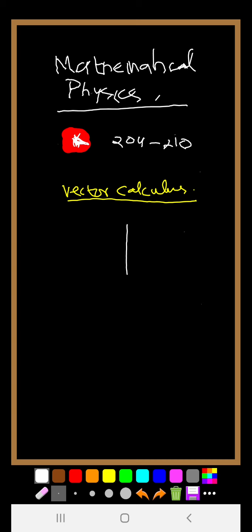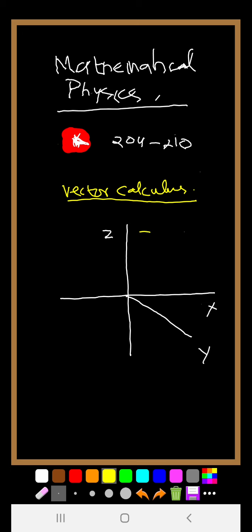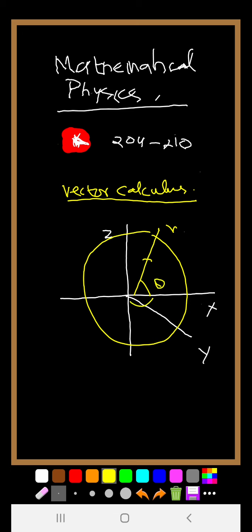So in a spherical coordinate system, if you want to create it from the xyz system, you need to create a sphere. To create a sphere, you again require a position vector r, and you require two angles, one is this theta and one is this phi.